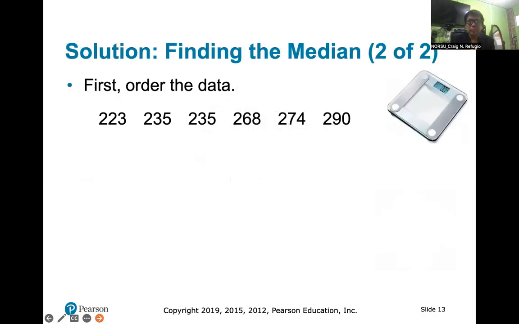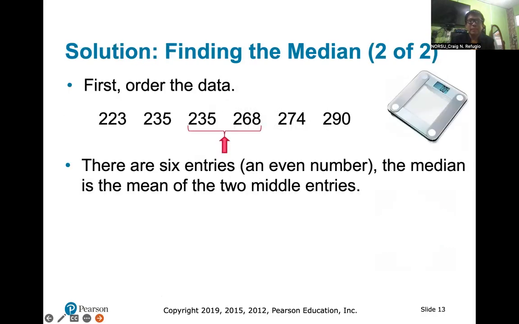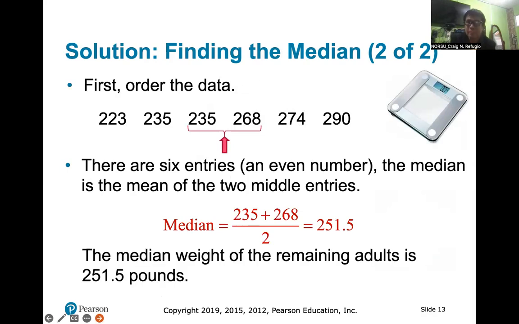And if you count the total number of data, it is 1, 2, 3, 4, 5, 6. It is even. So if it is even, divide that exactly by 2. And why 2? Because the median divides the data into 2 equal parts. So 6 divided by 2.